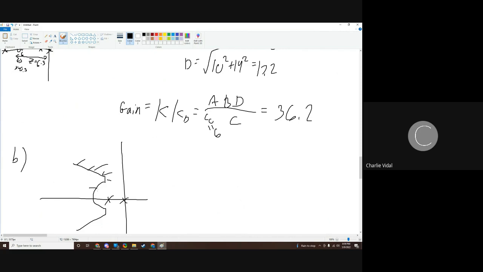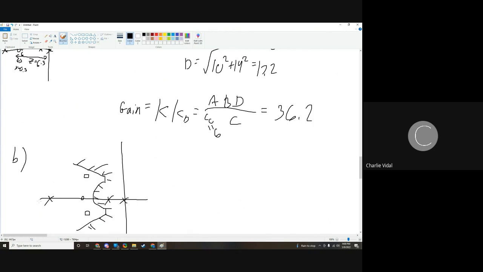Okay, that's the desired region. This is S desired on the top and on the bottom. We have a couple more X's and O's. Another X, and over here is the O.